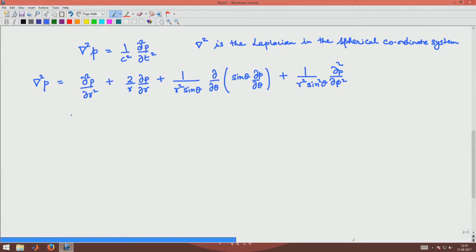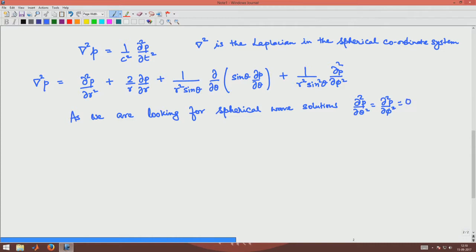So, therefore, as we are looking for spherical wave solutions, we can happily set these two terms to be 0, which implies that there is no dependence on any angular variables.